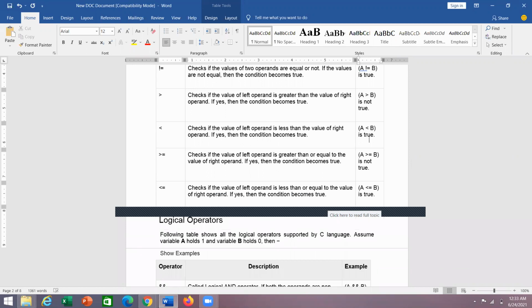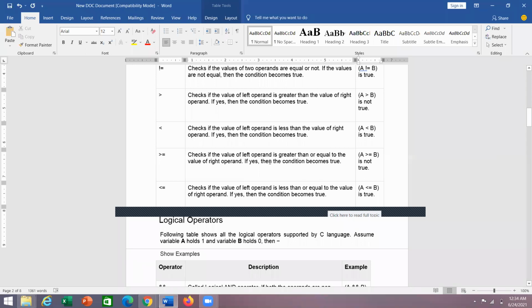Okay, next. And here, greater than equals to. Either greater or equal, both are applicable. It checks if the value of the left operand is greater than or equal to the right operand. If it is greater or it is equal, both conditions are applicable here.